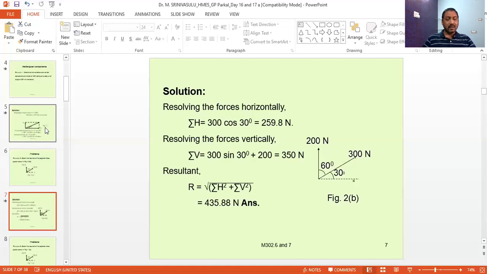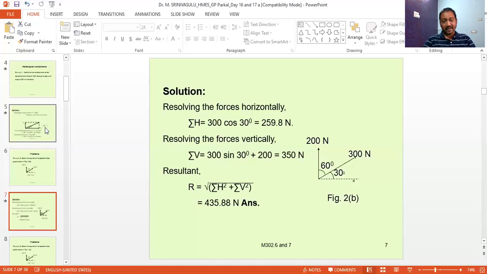Now we know that the resultant R is equal to square root of sigma h whole square plus sigma v whole square. So that is equal to square root of 259.8 whole square plus 350 whole square.